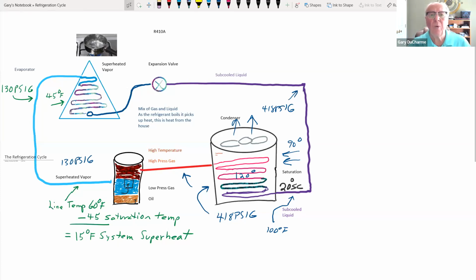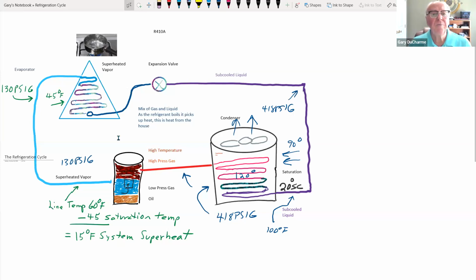So the compressor wants vapor, just like you and I are breathing air, which is mostly nitrogen and oxygen. The oxygen and the nitrogen have very, very low boiling temperatures. So the air that we are breathing is superheated vapor.